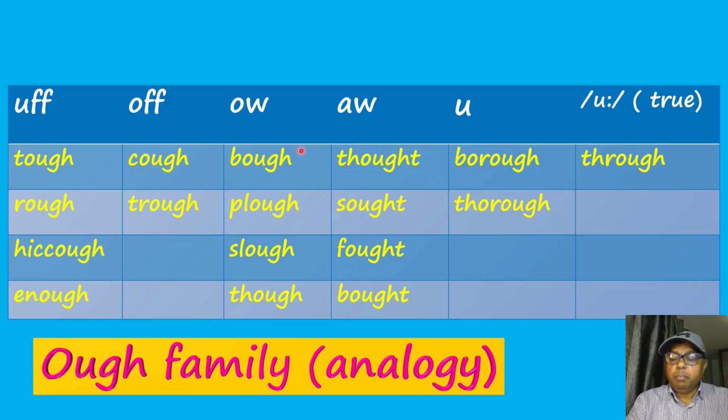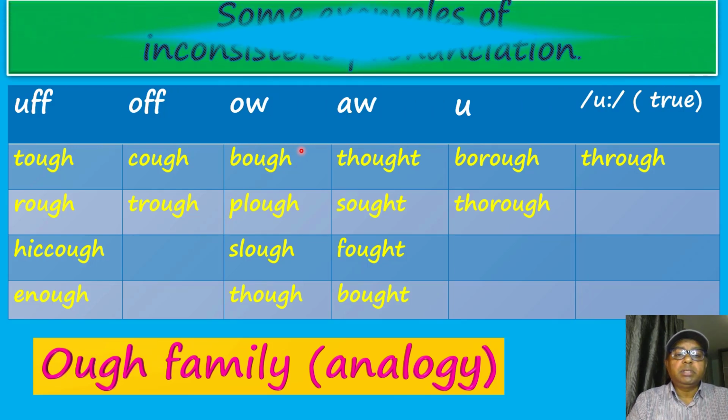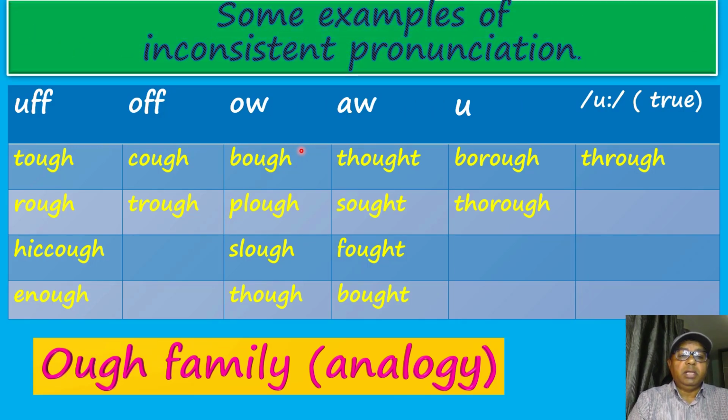In this slide, I'm going to show you some inconsistent pronunciation of the English language. As we know, the OUGH family, or spelling by analogy, has as many as six different sounds, although some people say that it may have as many as nine different sounds, depending on the context.